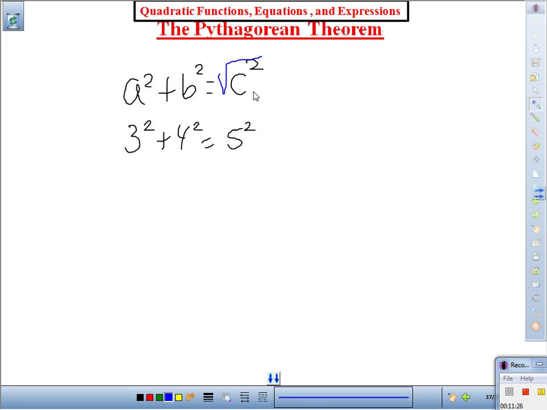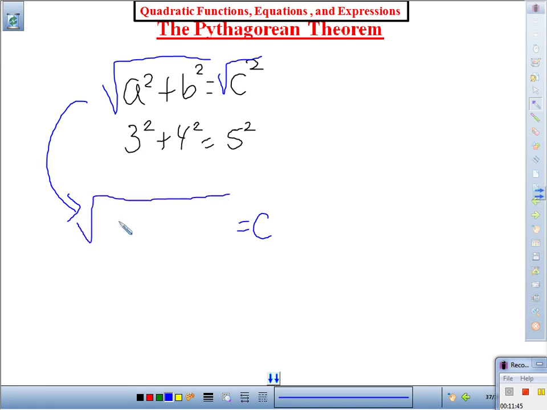Square root. Is that correct? That means I need to do square root to the other side. Hands if you agree up to right there. Okay. So look what I'm going to end up after this here. I'm going to end up with C equals, what would I write next? Very good. Square root of A squared plus B squared.